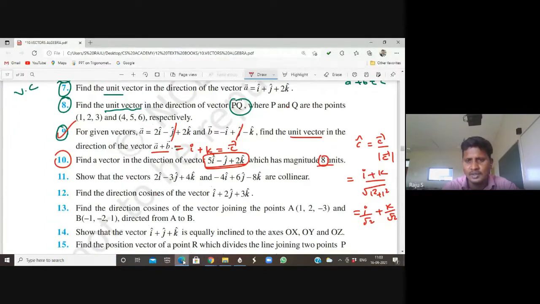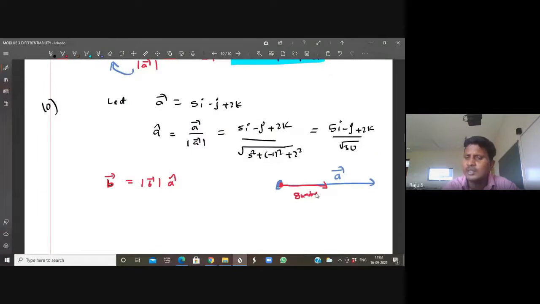Magnitude is 8 units. For that, what shall we do? In the direction of vector A, we need to find the vector B whose magnitude is 8 units.